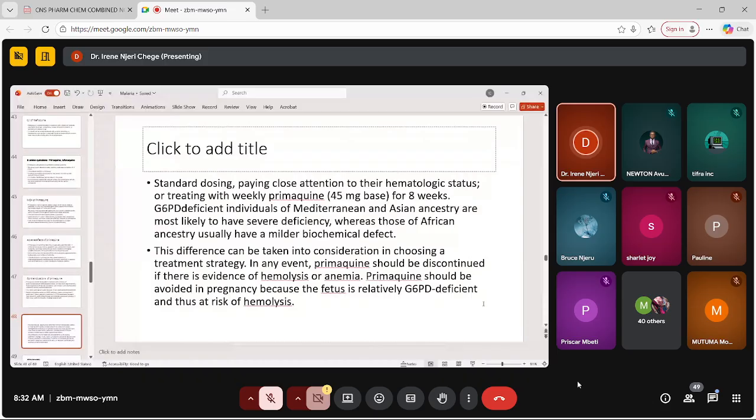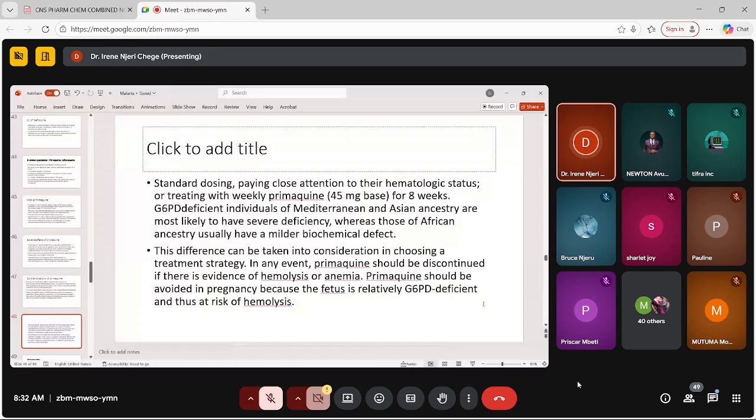Together with sulfadoxine, that's what we used to call Fansidar, or we still have Maloprim. So we're saying this can be used for prophylaxis. But we can also use them for treatment, as blood schizonticides. When pyrimethamine is used for treatment, it's used together with a sulfonamide.